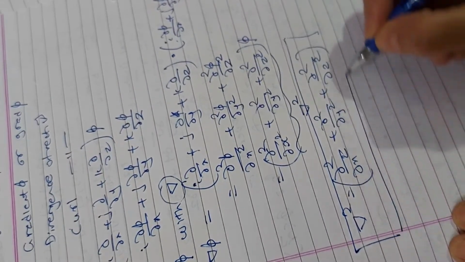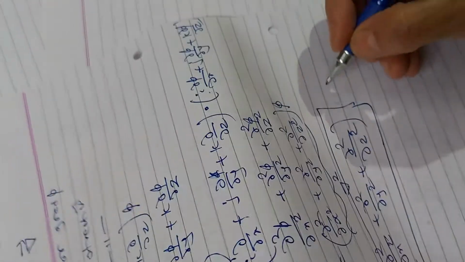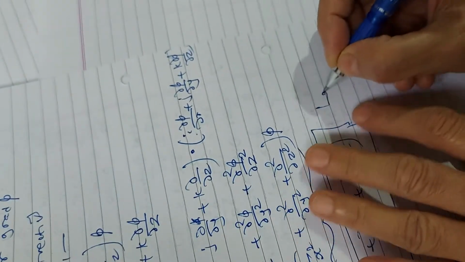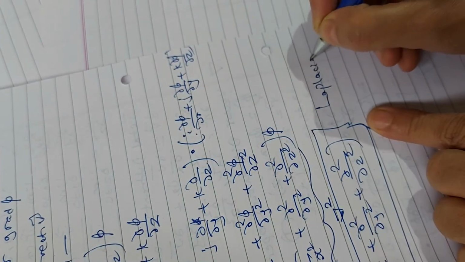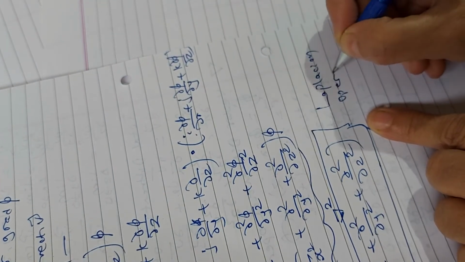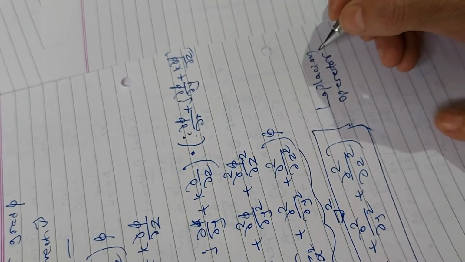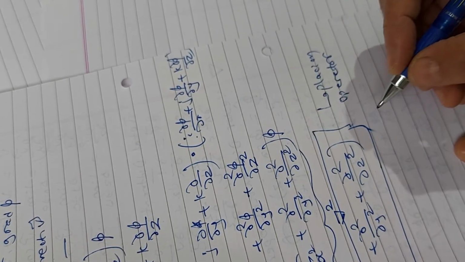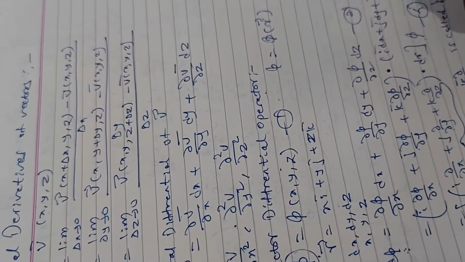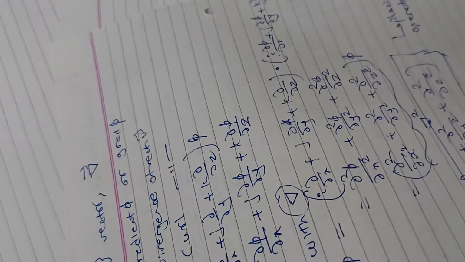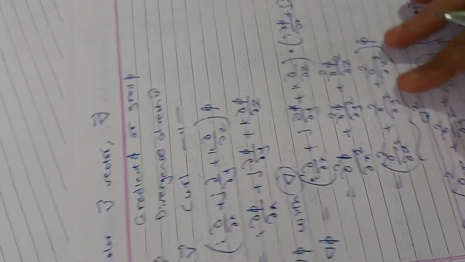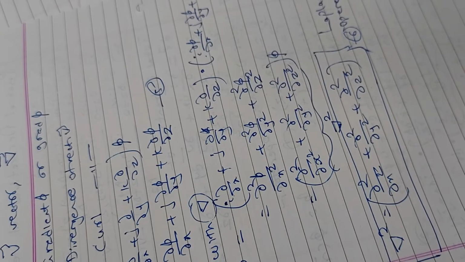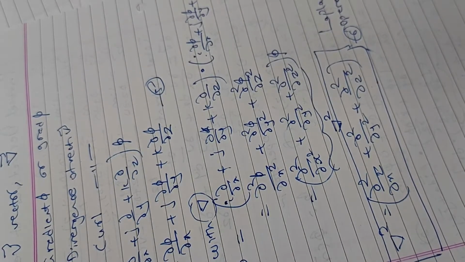This is called as my Laplacian operator. Correct? This is very, very important. Now I'll call this to be my equation number. This was equation number 4. Correct? Then I'll say this is 5 and this is 6. Correct?